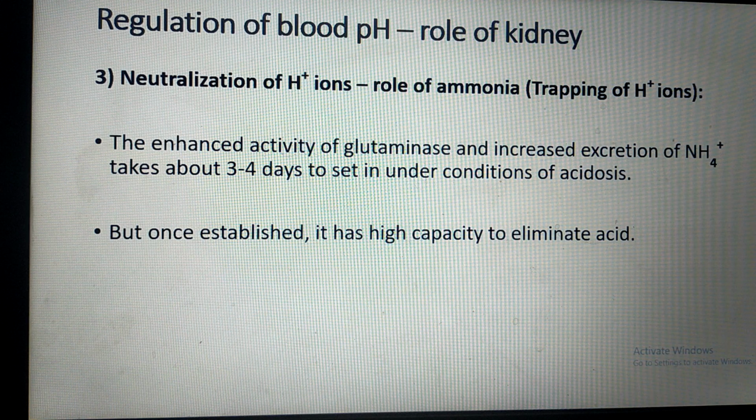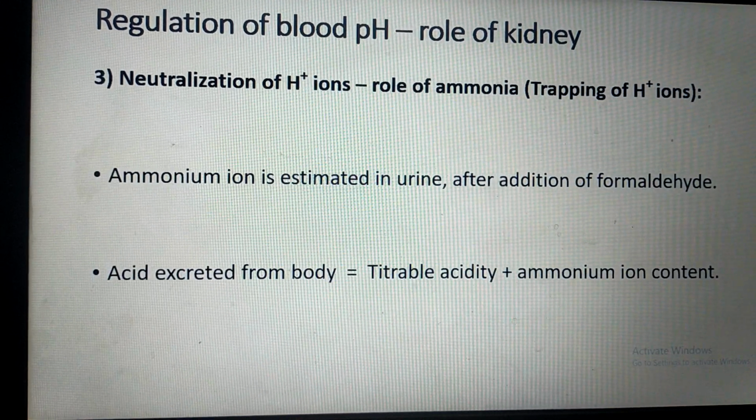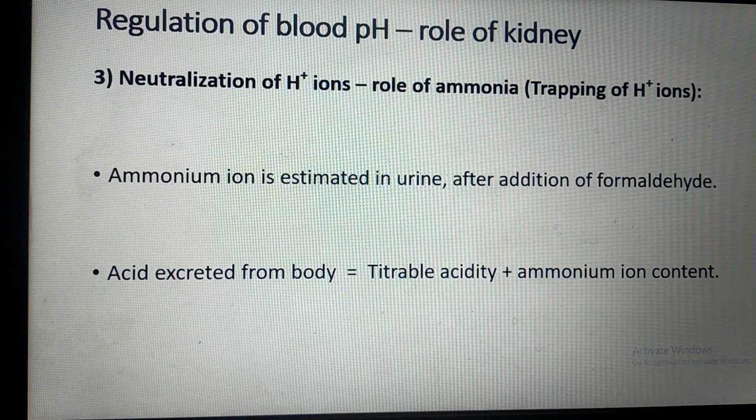body. We have studied how much acid is excreted in the second mechanism, or how much acid is neutralized by the bicarbonate buffer, by the phosphate buffer system, by measuring the titrable acidity.